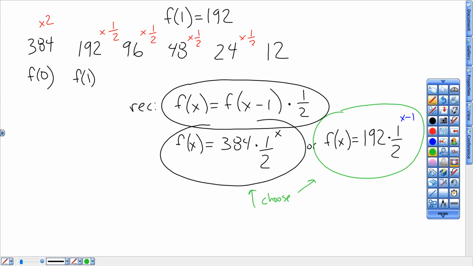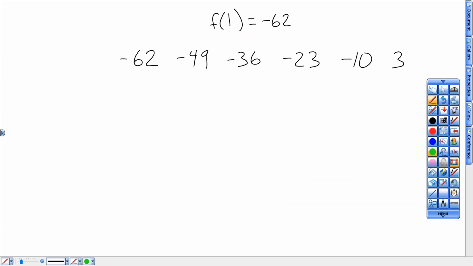Next problem you have to know how to do. This one, where I tell you the first term is -62. For these, the only way that you're going down in negatives is if you're subtracting, which means I'm really adding 13. Adding 13. That's the only thing that makes these negative numbers go down.